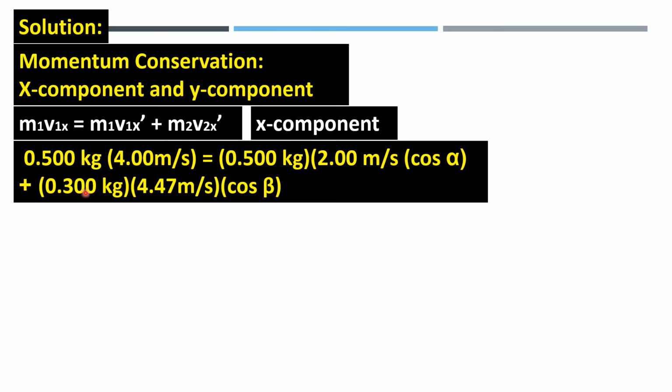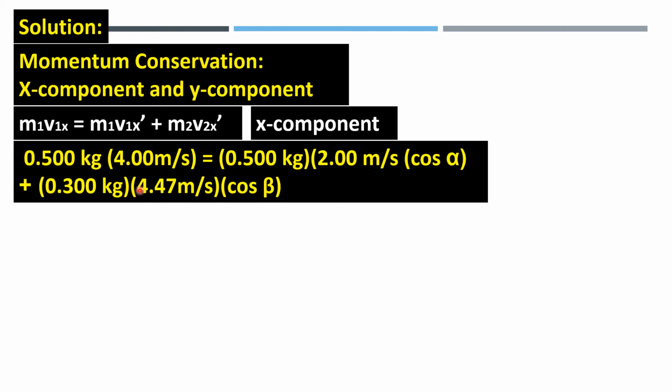I stand corrected. This refers to the mass of the smaller particle, because it says there 0.3 kilogram. The first one was 0.5 kilogram, so this is the smaller particle. And that is multiplied by 4.47 meters per second times the cosine of the angle beta.